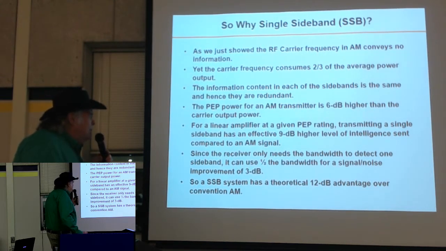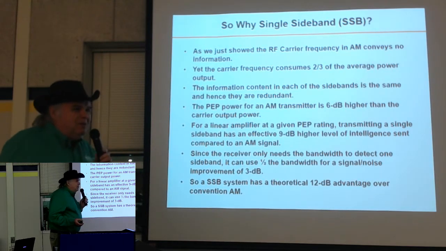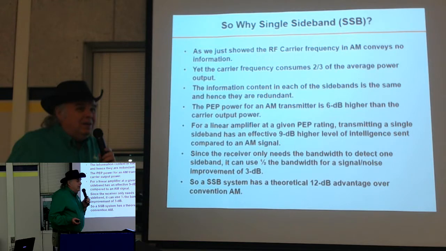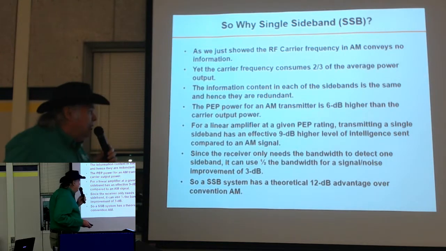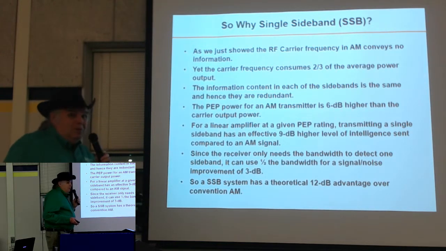If I went to single sideband and only transmit one sideband, power-wise, if I'm limited by the PEP rating of my amplifier, I can get a 9 dB higher level of intelligence sent out compared to an AM signal. So 9 dB is almost a factor of 9.5 or so, if we take the anti-log of that. So it's quite a difference, right?